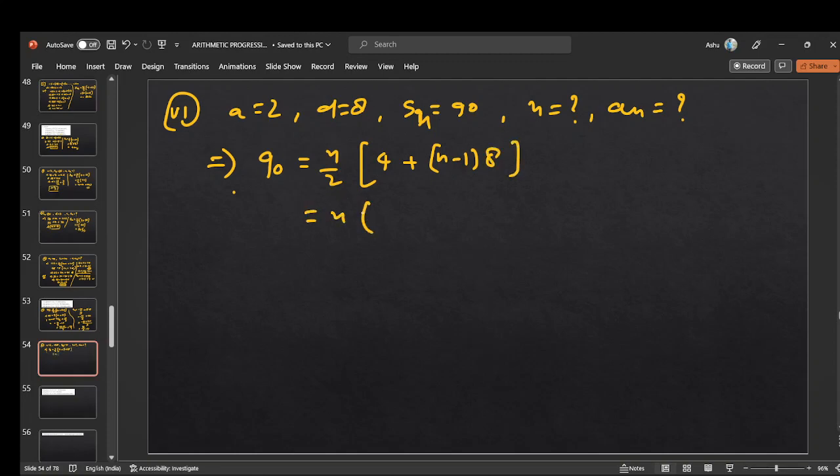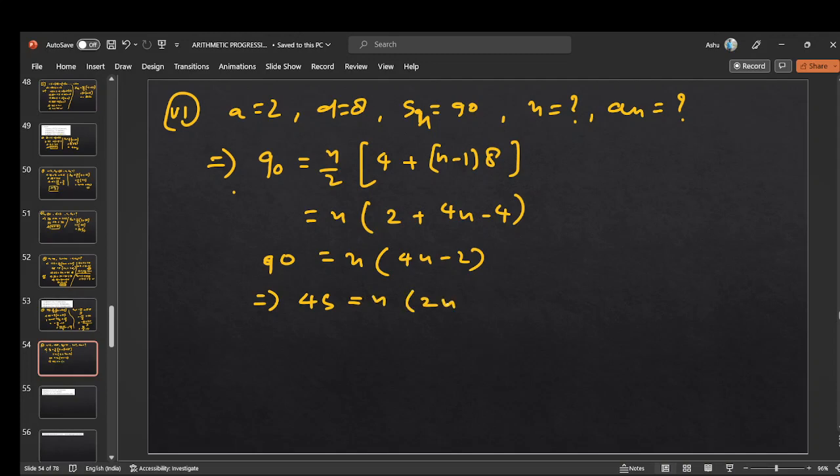So n into 2 into 2, 4 plus 8n minus 8, then we can write n into 8n minus 4, here 90. If we divide by 2 we get 45, here n into 4n minus 2, that is n into 2n minus 1.